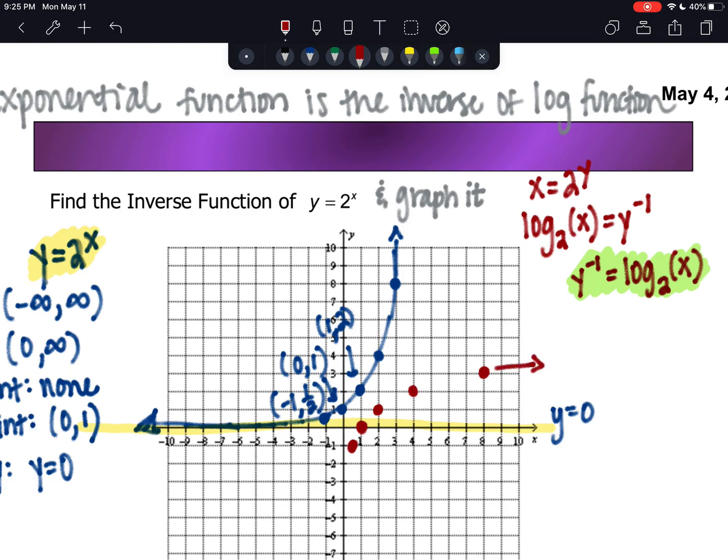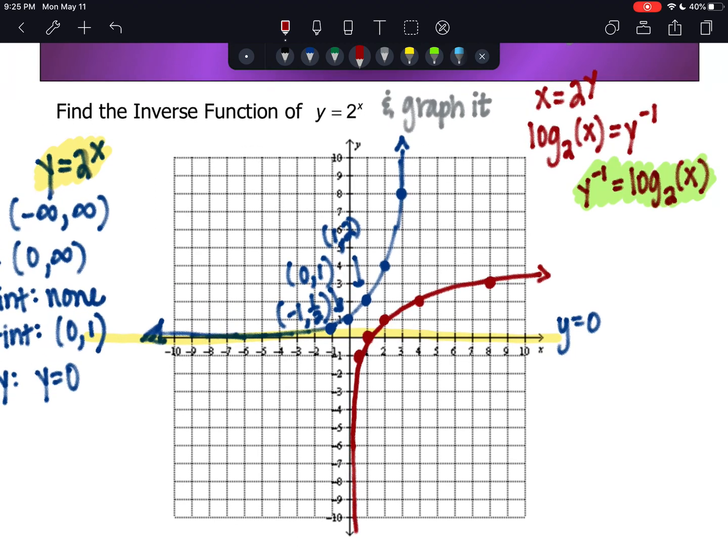And our logarithmic function has a vertical asymptote at x equals 0. That's because our domain, our argument, has to be greater than 0. X is greater than 0 is 0 to infinity.